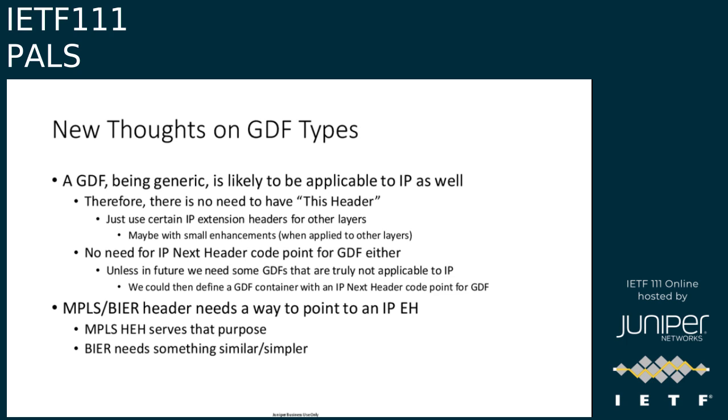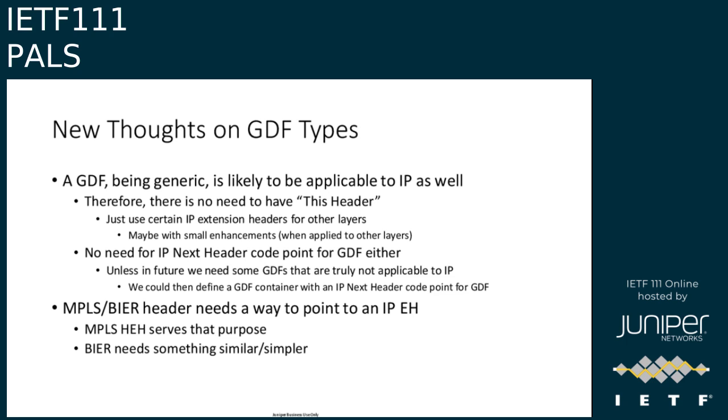As the MPLS design team discussion is going on, and with a better understanding of the MPLS extension headers, we now have some new thoughts on how to encode the GDF headers. A GDF being generic means it's likely to be applicable to IP as well.